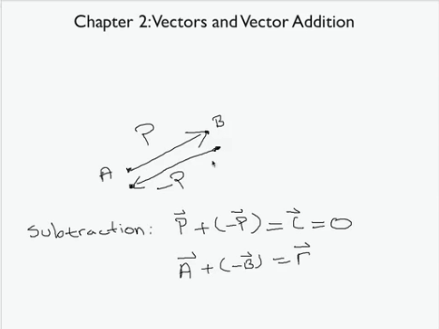Now, we think of negative vectors as the result of a scalar multiplication. A scalar is just a number. A vector has length or magnitude and direction, while a scalar just has magnitude; we don't think of a scalar as having direction.